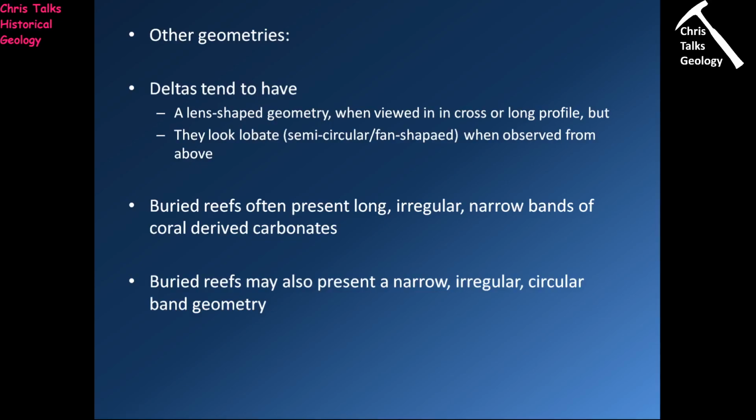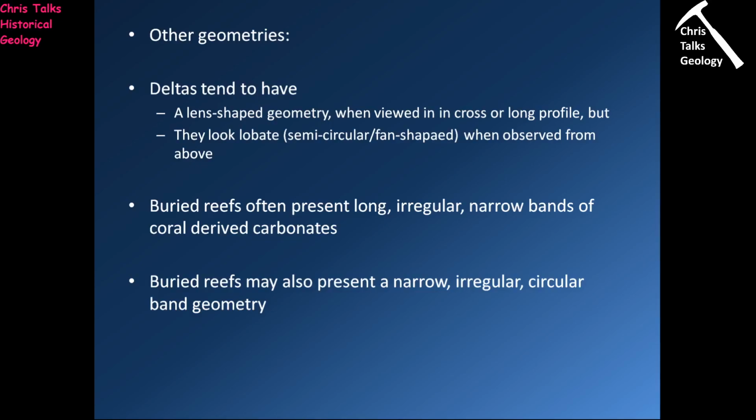The final type of feature that we might see are features associated with buried reefs. So a reef is a linear body, but it's often quite irregular as well. It's often not one solid mass because it's made up of concentrations of dead coral, essentially. So what you have is a rough linear body made up of lots and lots of coral fossils.